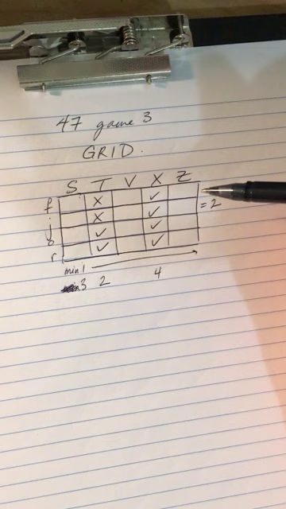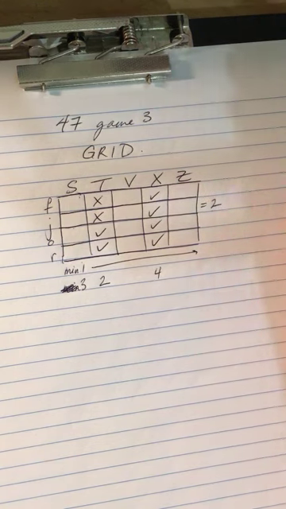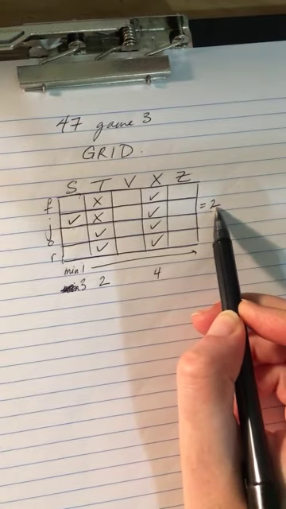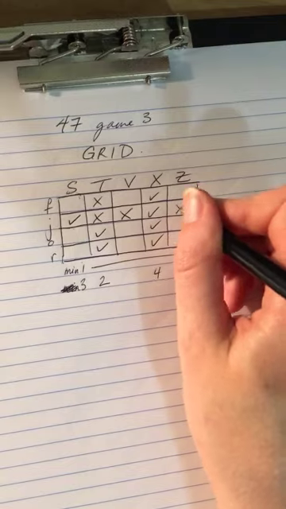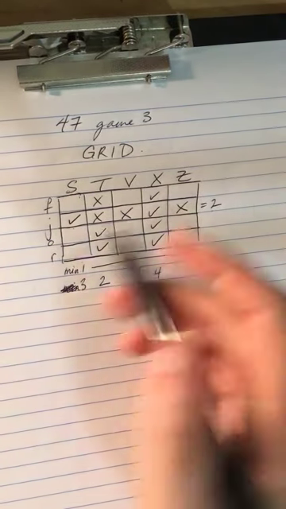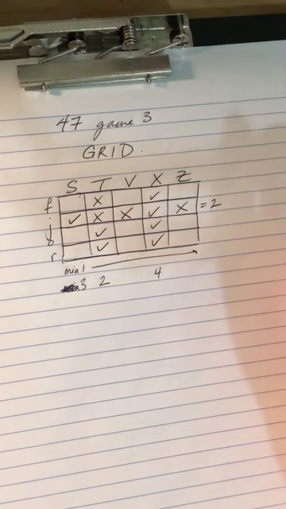Jazz is among the types of music that S carries. So S carries jazz. We know jazz is carried by exactly 2 stores, so jazz can't be carried by V or Z, because it's already carried by S and X. And the final rule is that V does not carry any type of music that Z carries.